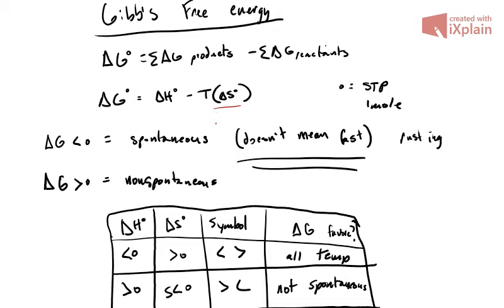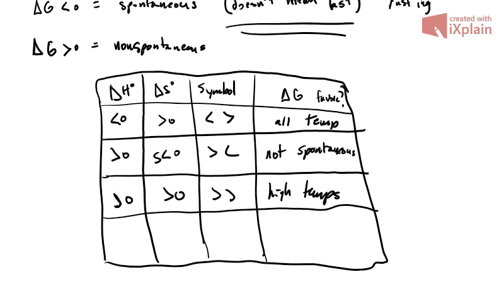With both positive S and positive H, we need a high temperature for the right side of this equation to become negative. So that event will only happen at high temperatures.